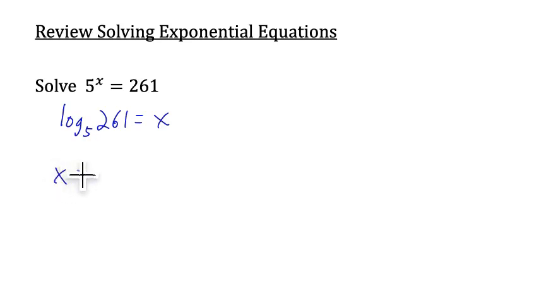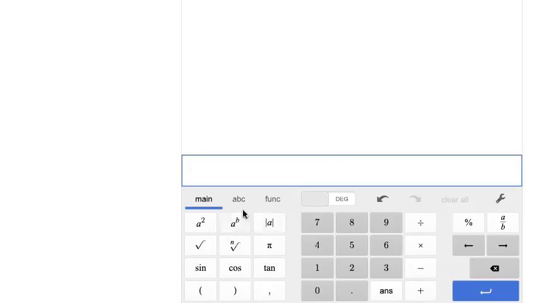Let's see, I'll just switch over here. So x equals the log base 10 of 261. That's the common log, over the log base 10 of 5. So I want log base 10 of 261 over log base 10 of 5.